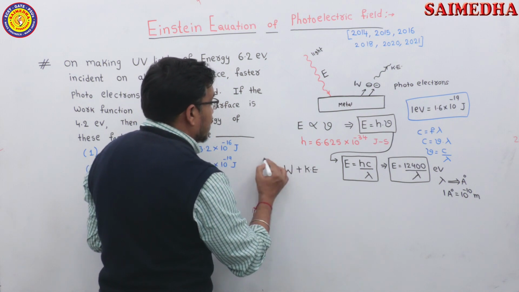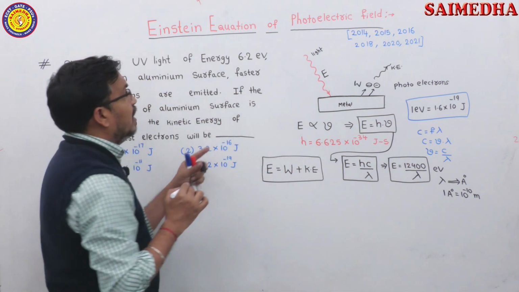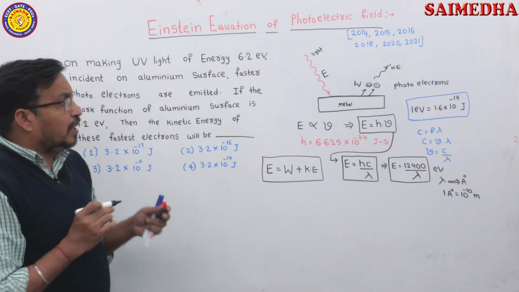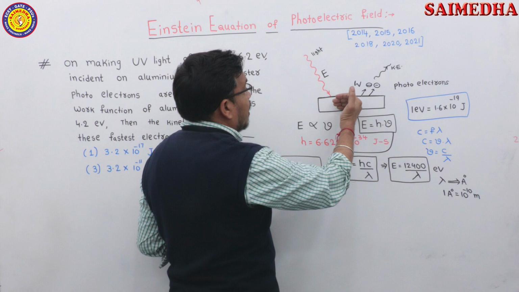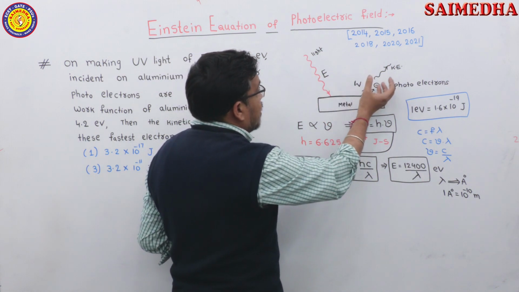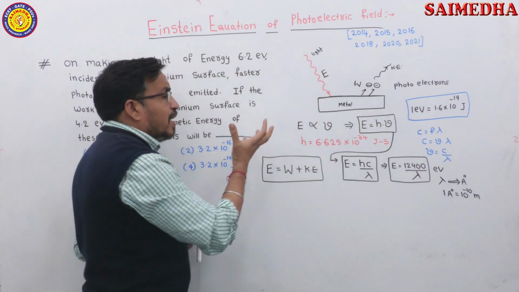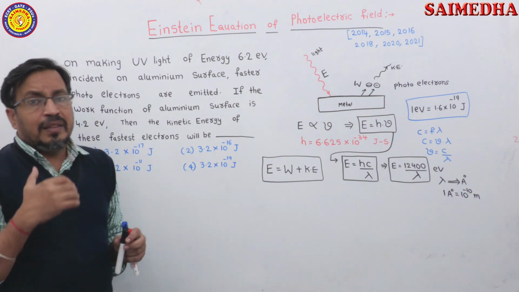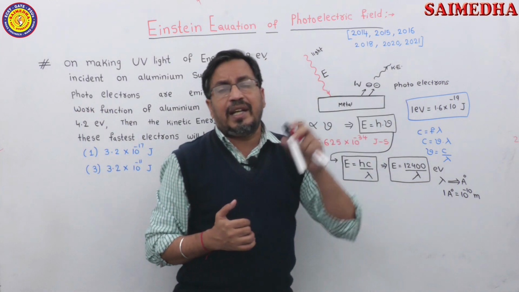Students, this is Einstein photo equation. So what do I say? When light is incident on a metal surface, some energy is required to emit the electrons. Some energy I am representing with W. What is W here? Work function. The remaining energy is given to emitted electrons as kinetic energy.